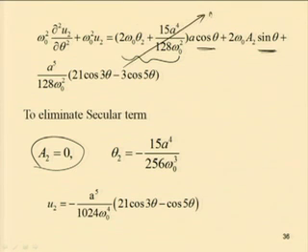As these terms we have already eliminated, the resulting equation becomes omega 0 square del square u 2 by del theta square plus omega 0 square u 2 equal to a to the power 5 by 128 omega 0 square into 21 cos 3 theta minus 3 cos 5 theta.